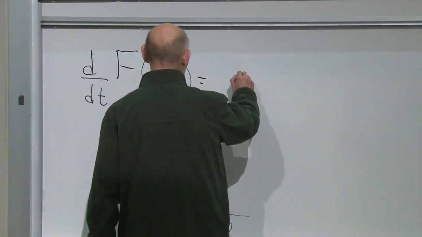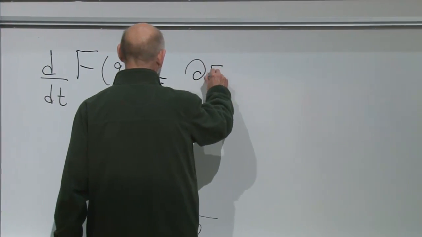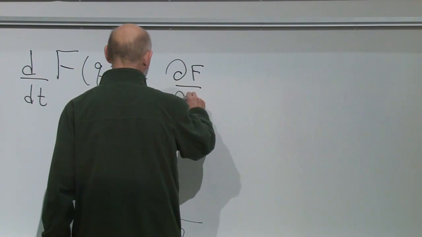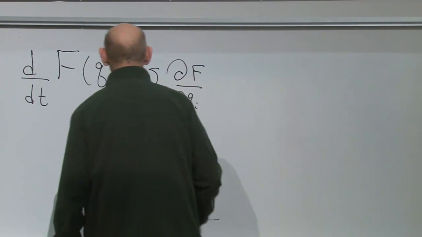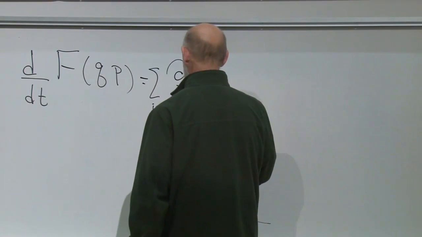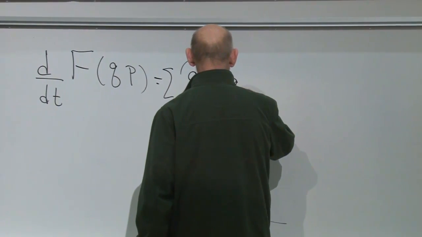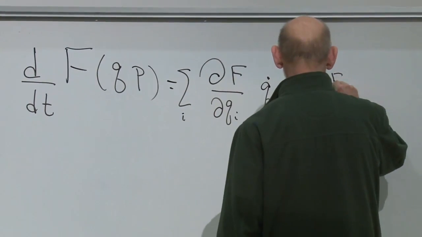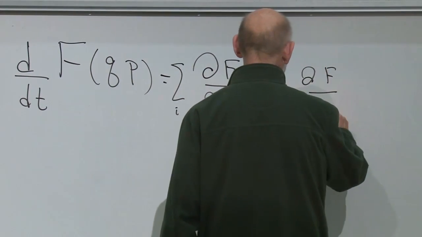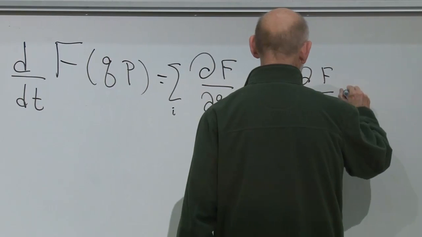Standard rule, you differentiate: df by dq sub I, we're going to sum over I, times q sub I dot, plus df by dp sub I, times p sub I dot.